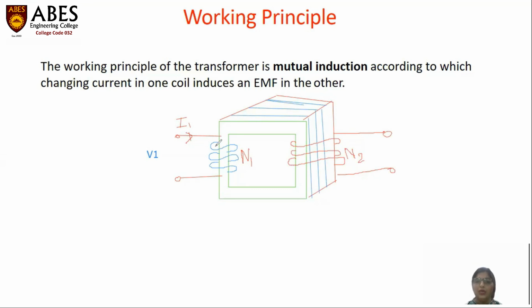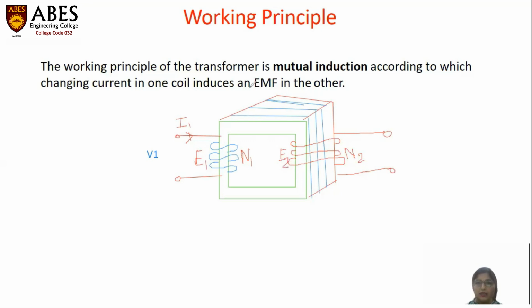So due to self-induction, an E.M.F, E1, will be induced in the primary winding, and due to mutual induction, E2 will be induced here in this secondary winding, right?